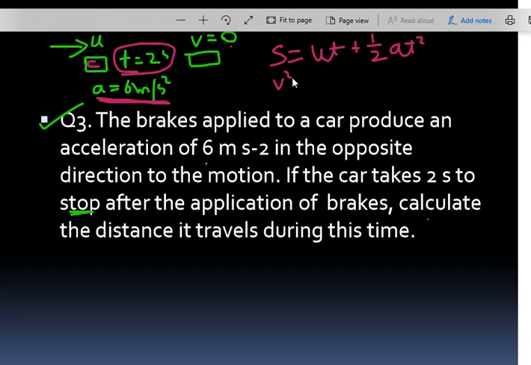Second one is v square minus u square is equal to 2as. Now in these two formula you can see the initial velocity is required to find out the distance traveled by the body. Here this is the initial velocity u. Here also this is the initial velocity. To solve this question, first we need to find out the initial velocity here.